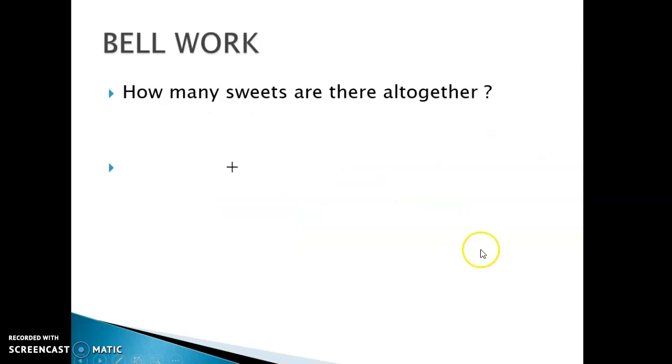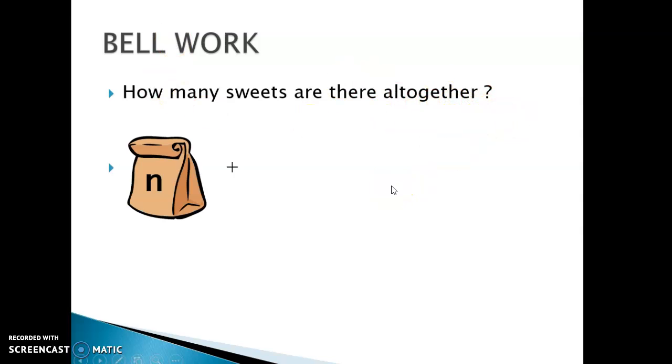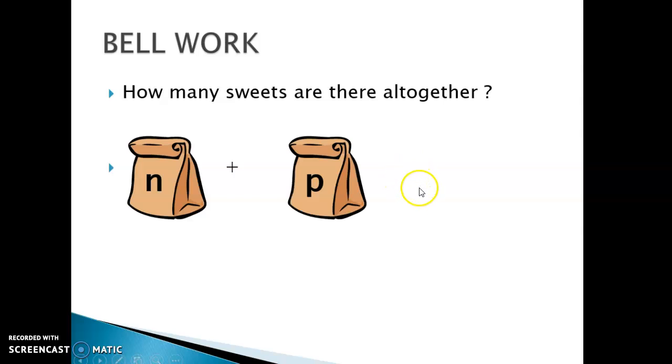Alright, next. Just now we saw 2 bags, right? Labeled N and P. We are going to find out how many sweets there are altogether. So we are going to write it as N plus P. Okay, so if N equals 4 and P equals 5, how many sweets are there altogether?